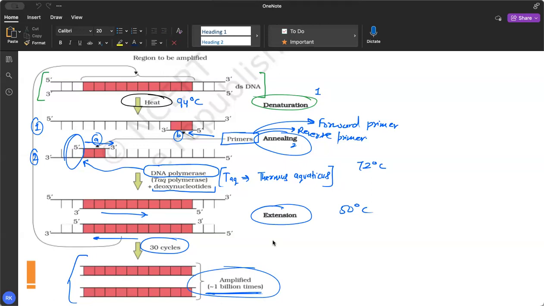So you said it is to amplify our DNA, right? Amplify the copy numbers, correct? Yes, sir. So when do you think we will ideally need to do that?